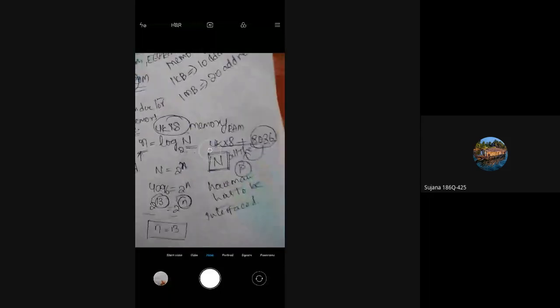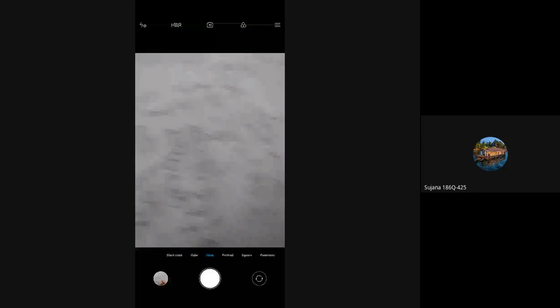So the total locations are capital N, and I want to interface P locations.